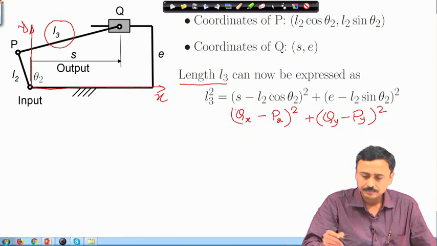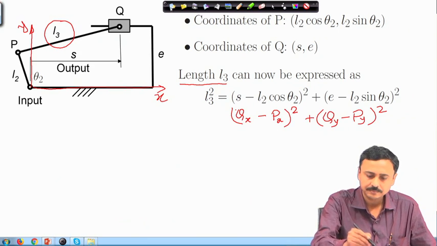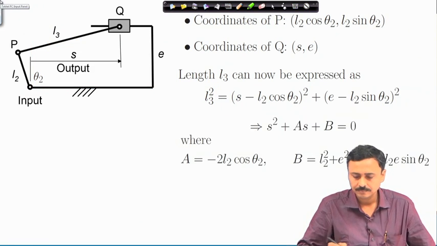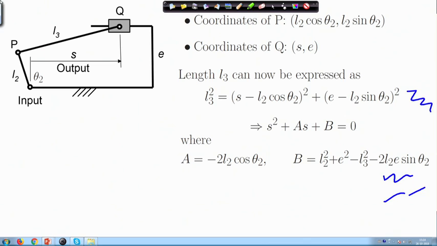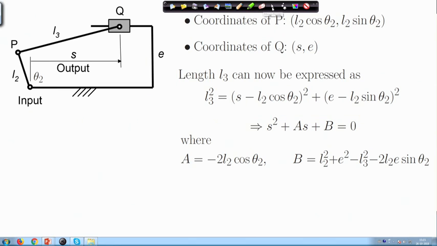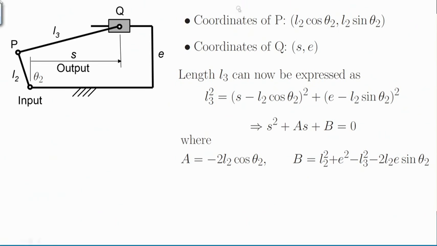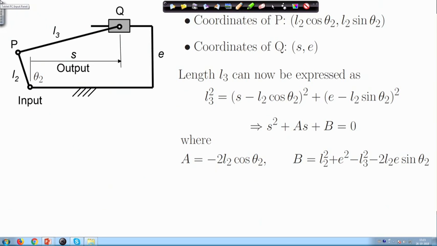Now, if you open this up, considering that we are given theta 2 and we have to find S, I can obtain this quadratic equation in S, which can be solved because I know the coefficients A and B in terms of theta 2 and the other link lengths. Because A and B are known to me, I can solve for S.